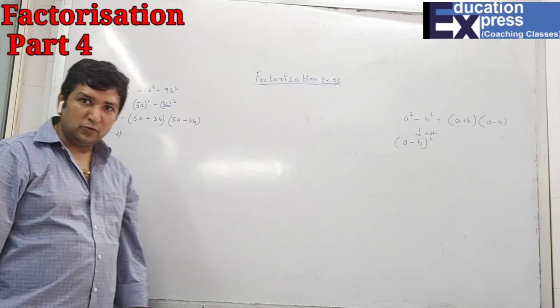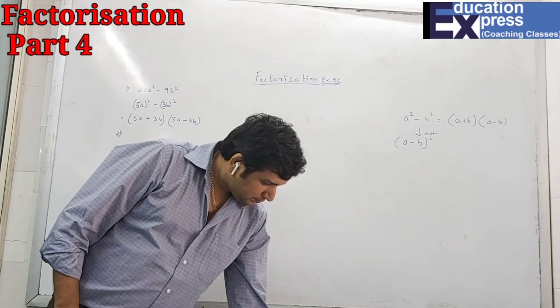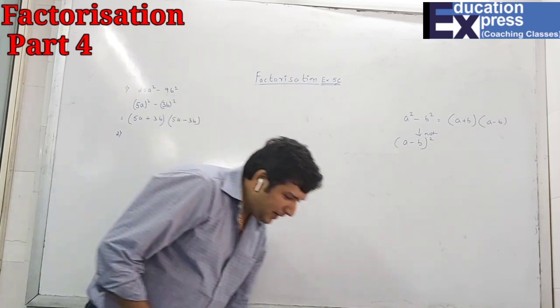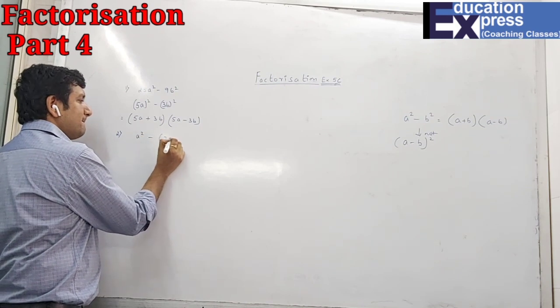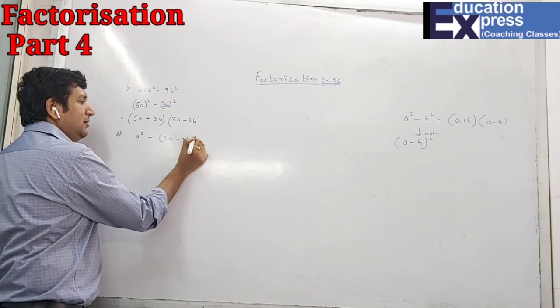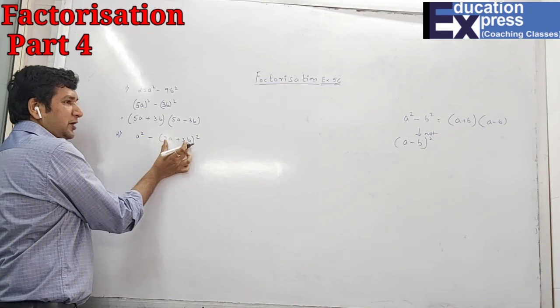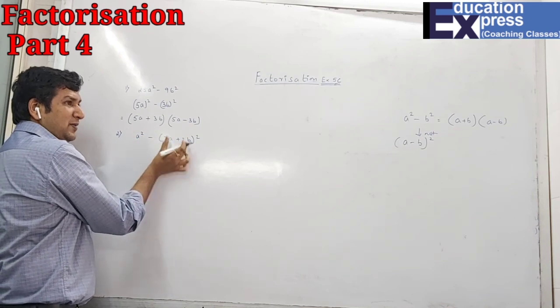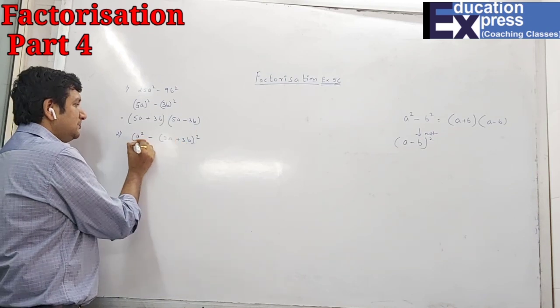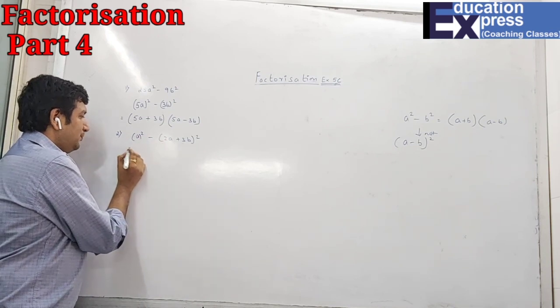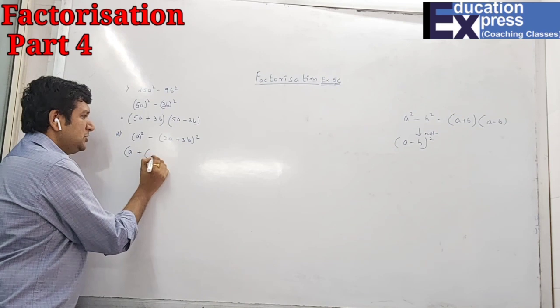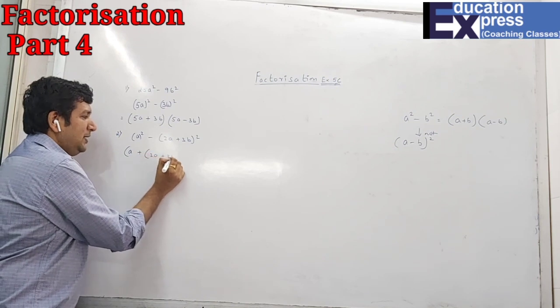Question number 2, part 2: a square minus (2a plus 3b) square. Again, this is your first term, this whole thing is your second term, a square minus b square. Anything inside the bracket is your a and this whole thing is your b. So a plus, what is b? 2a plus 3b.